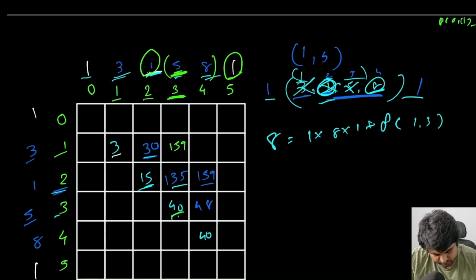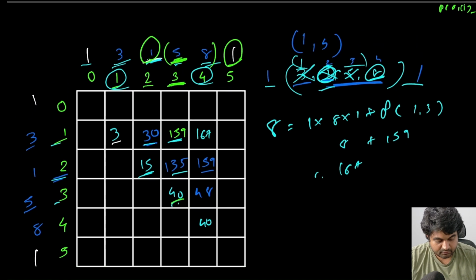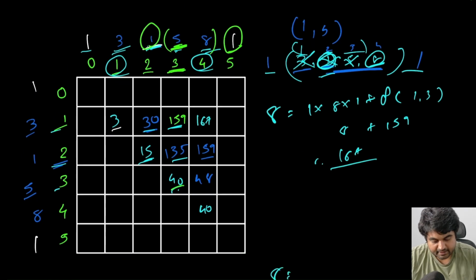For range 1 to 3, the value is 159. So 159 plus 8 becomes 167. We store that over here, and this is what we are looking for: the maximum value we can generate between range 1 to 4. That would be 167, so we can return that as the answer.